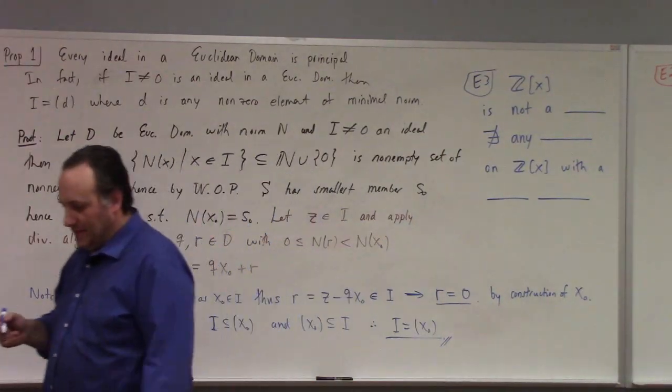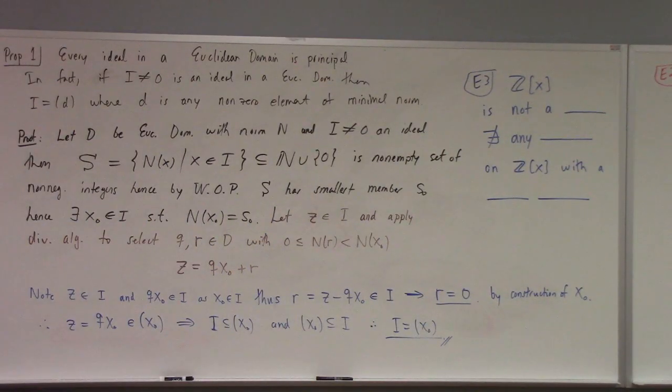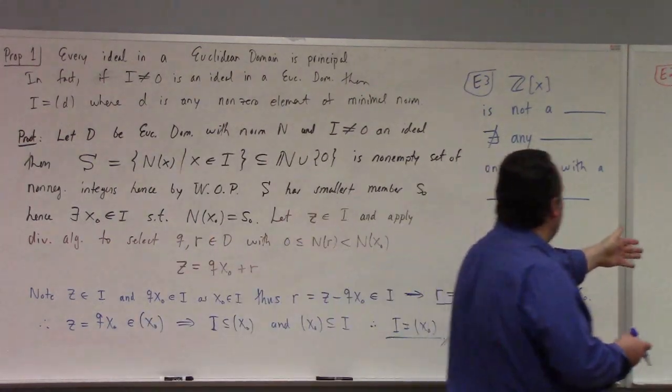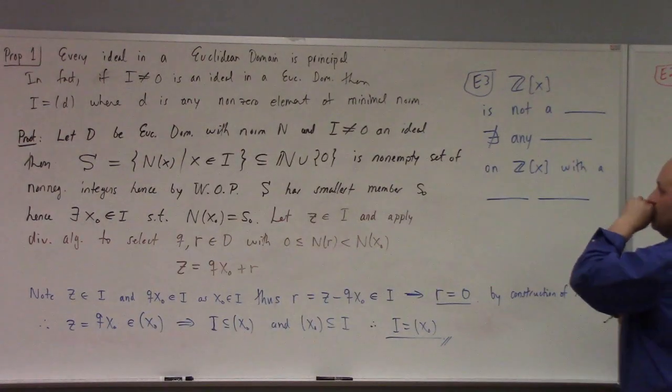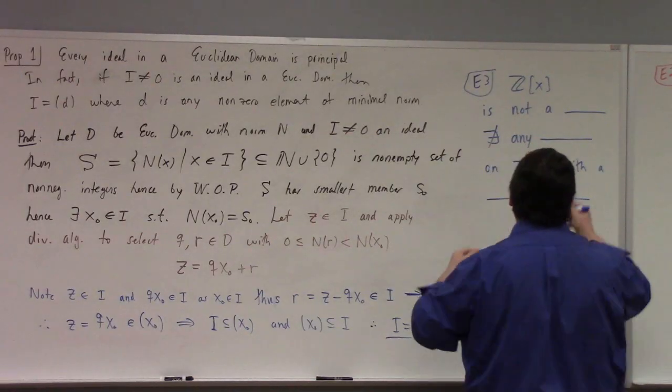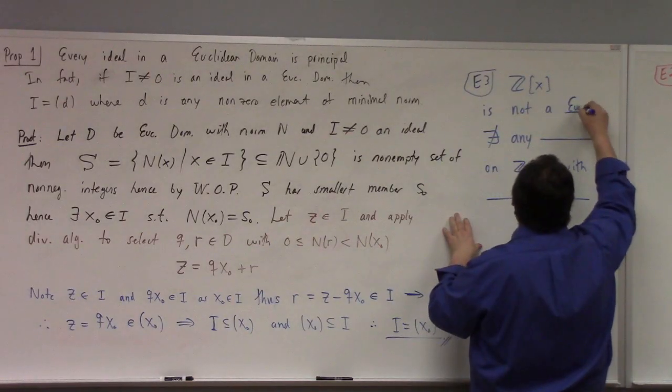Lots of blanks. So, let's see here. It's not a Euclidean domain, right? Why?